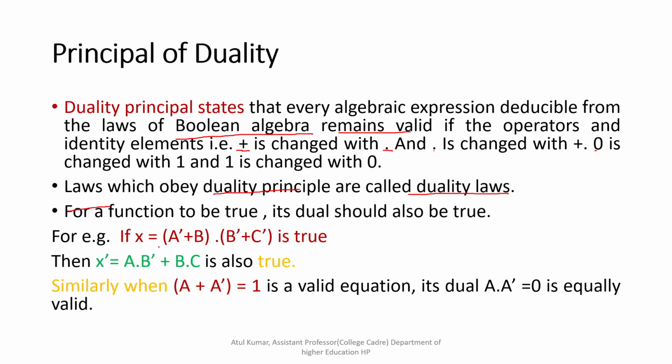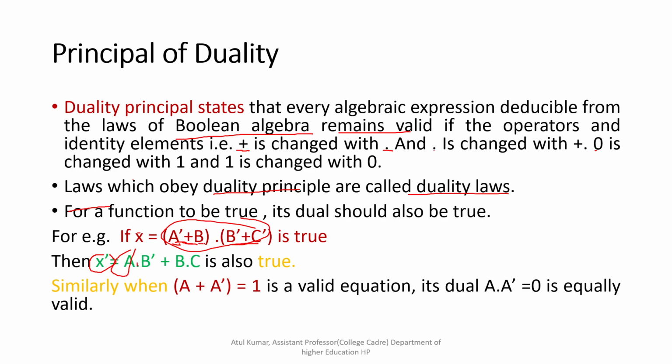For example, suppose we have x equal to a bar plus b dot b bar plus c bar. If it is true, then we change each variable with its bar, so we change x with x bar. Here we have a bar, so it is changed to a. We have a plus operator, so it is changed to dot.